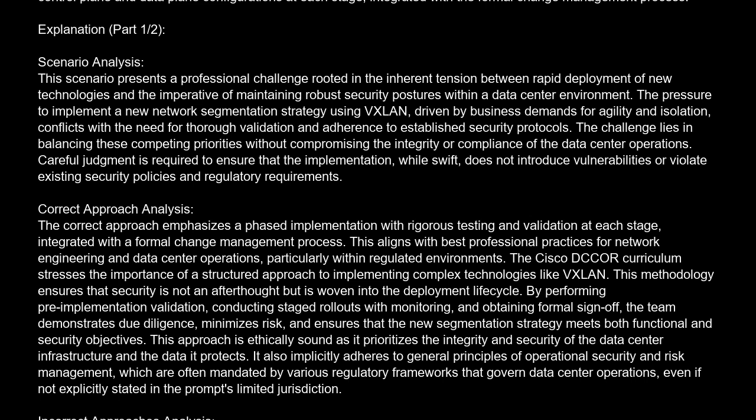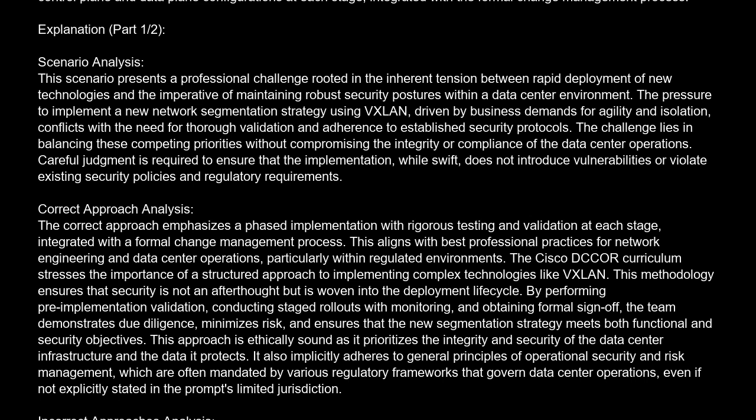Correct approach analysis. The correct approach emphasizes a phased implementation with rigorous testing and validation at each stage, integrated with a formal change management process. This aligns with best professional practices for network engineering and data center operation, particularly within regulated environments. The Cisco DCCOR curriculum stresses the importance of a structured approach to implementing complex technologies like VXLAN.